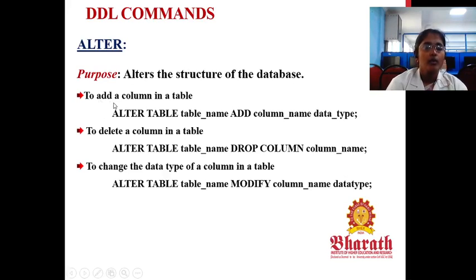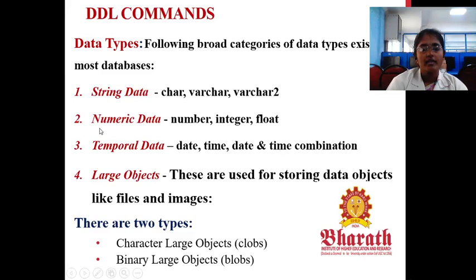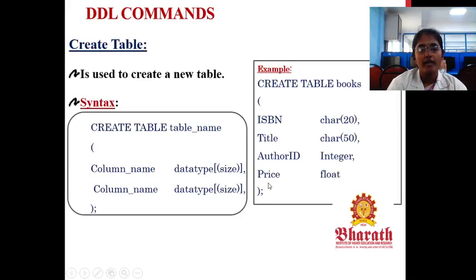So see here, to add a column into an existing table, we have to use this syntax: alter table, table name, and add is the keyword, add column name and the data type. For example, in the previous example, if you wish to add the author's name, we can create a new column, add author name with the data type character.